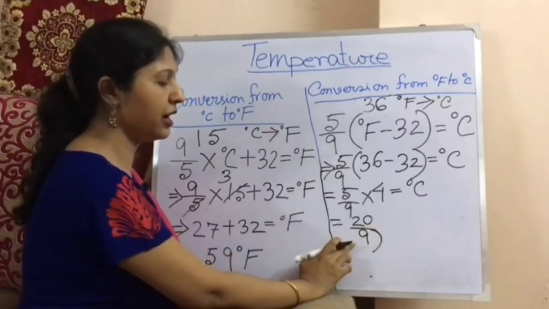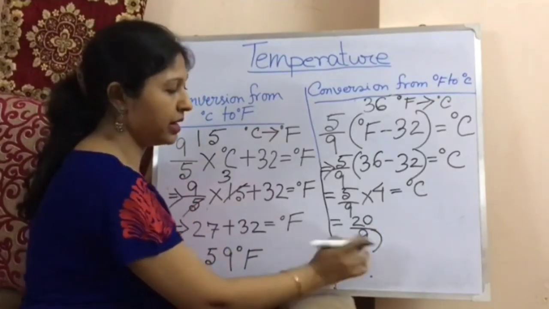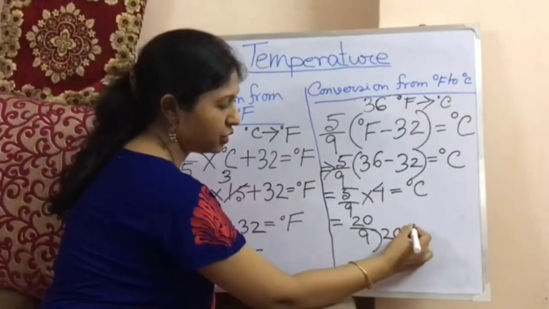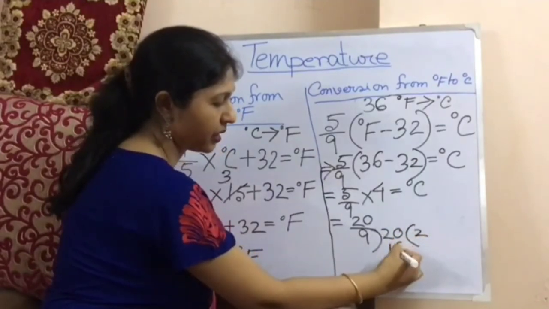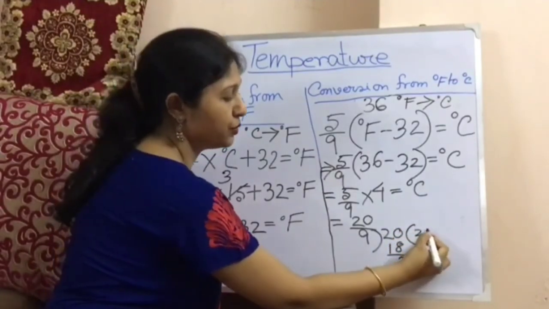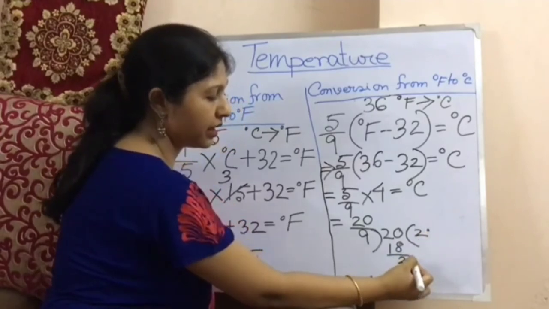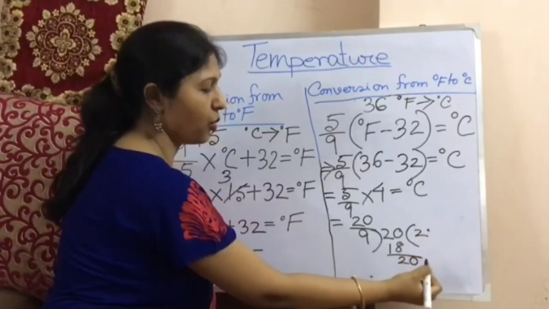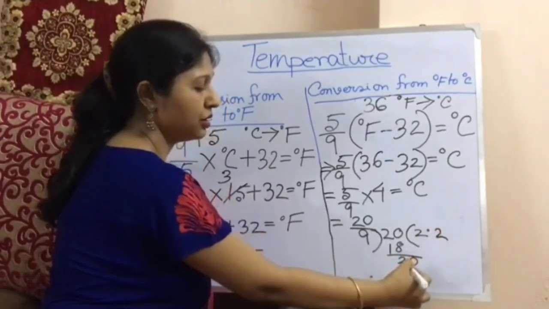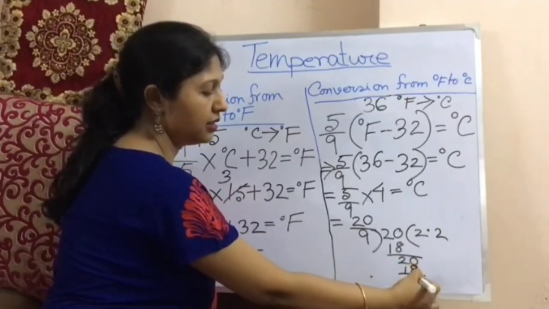When we divide 20 by 9, it will come 2. We put a decimal point, again we put 0, again 2, then 18.